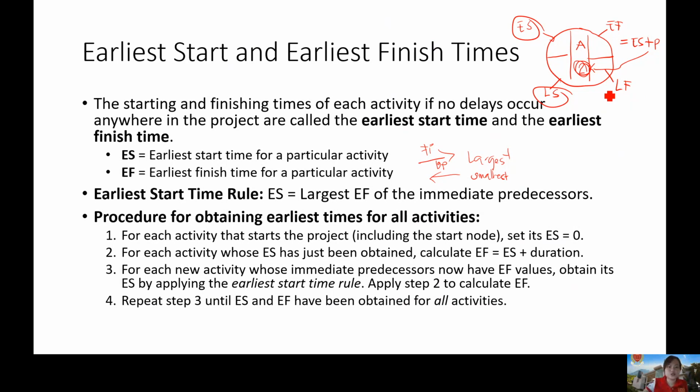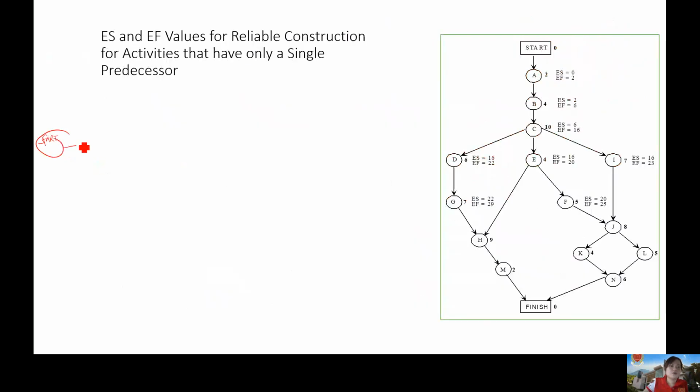Okay. Let me get the node. We will list them one by one. Start. Let's make fresh nodes so you are guided. Okay, so this is A, 2 weeks. B, four weeks. C, 10 weeks.